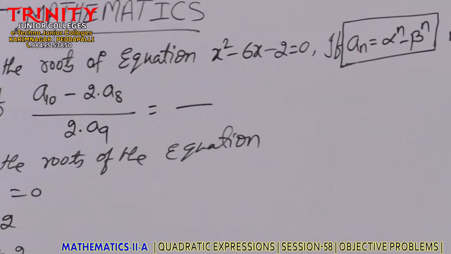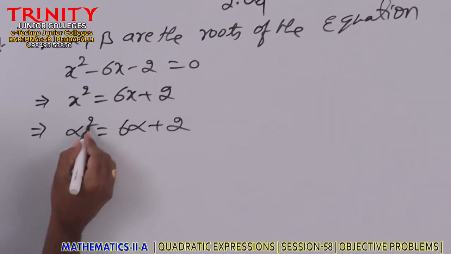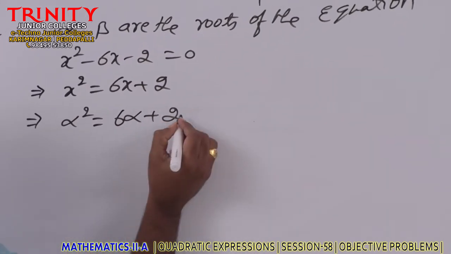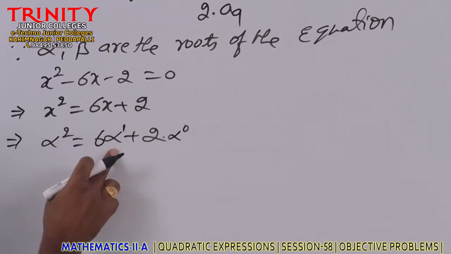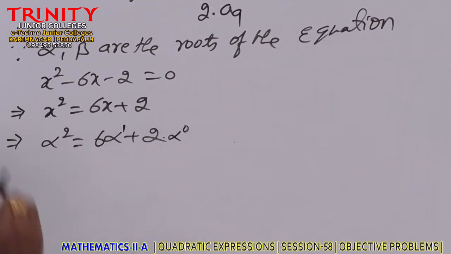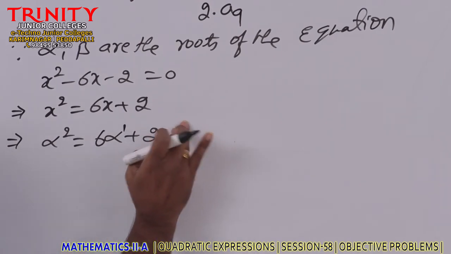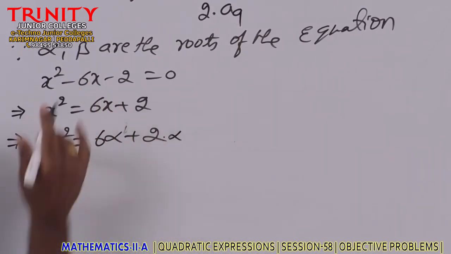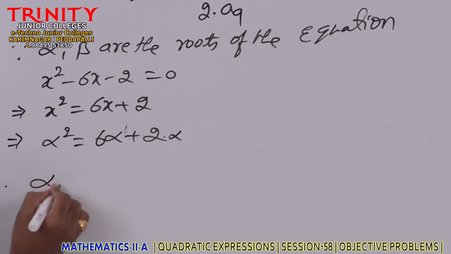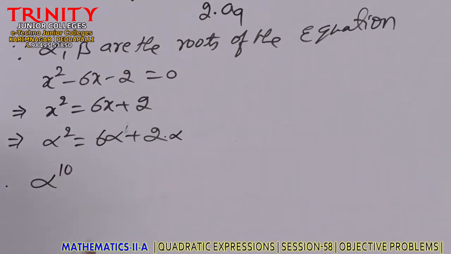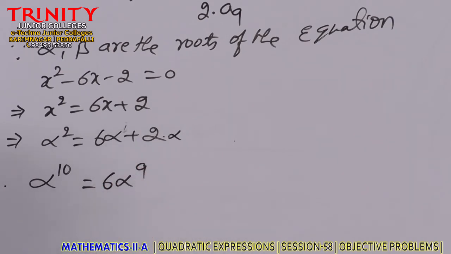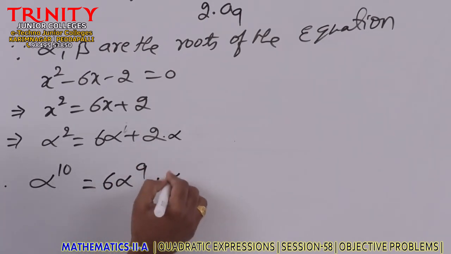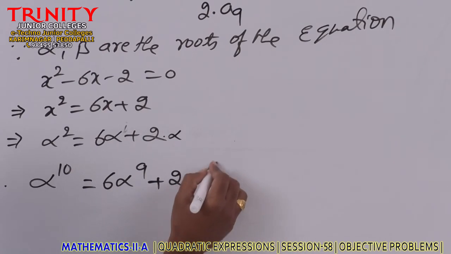Alpha square is equal to, see here, power is 2, then on the right side, can I write this one as alpha power 0? This is alpha power 1. See, power is 2, this is n minus 1, this is n minus 2. Similarly, can I write alpha power 10 is equal to 6 into alpha power 9 plus 2 into alpha power 8?